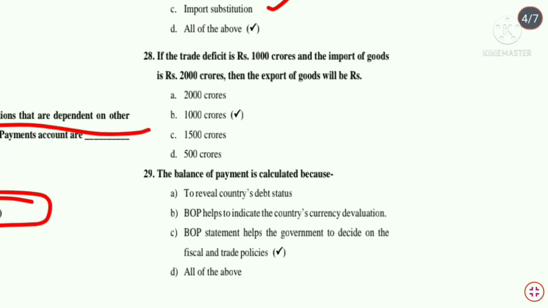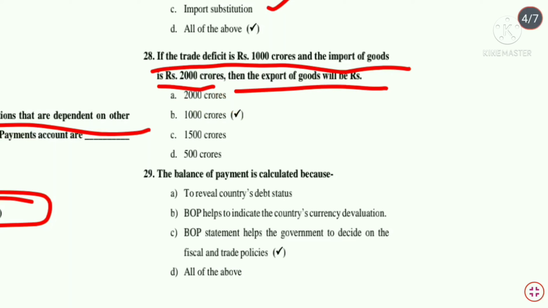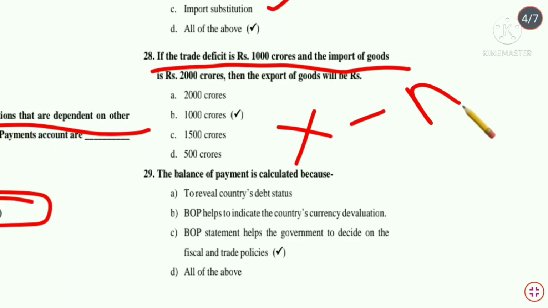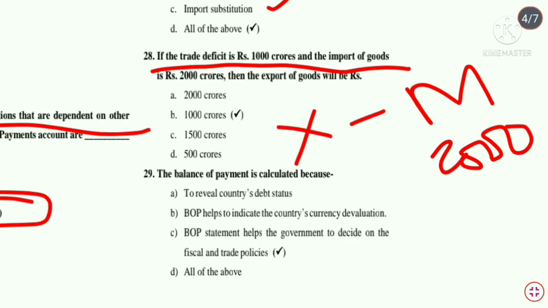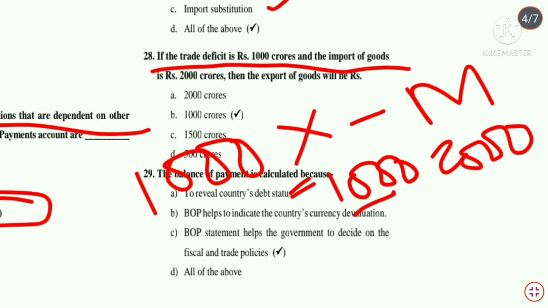Next question, that is if the trade deficit is rupees 1000 crores and the import of goods is rupees 2000 crores then the export of goods will be rupees. हम जानते हैं कि जो हमारा ट्रेड डेफिसिट होता है, the balance of trade is equal to X minus M, that is the value of exports minus value of imports. अगर यहाँ पे हमने import of goods is rupees 2000, जो हमारा ट्रेड डेफिसिट है that is equal to 1000, that means 1000 is equal to dash minus 2000, तो यहाँ पे क्या होगा, 1000 will be its value.